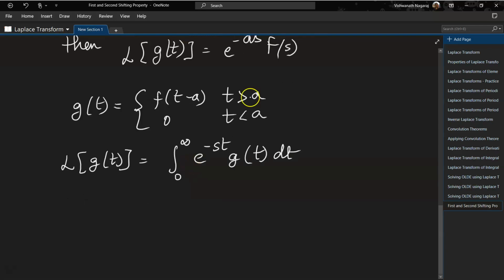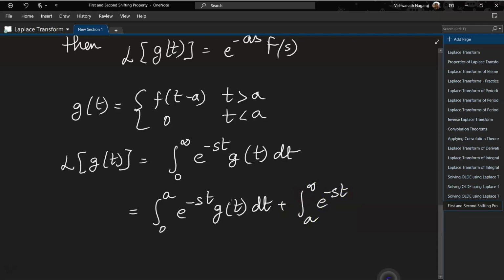Because it is a split function, greater than a and less than a, let's split this integral as well. We'll split it from 0 to a and then a to infinity: the integral from 0 to a of e to the power of minus st g of t dt, plus the integral from a to infinity of e to the power of minus st g of t dt.